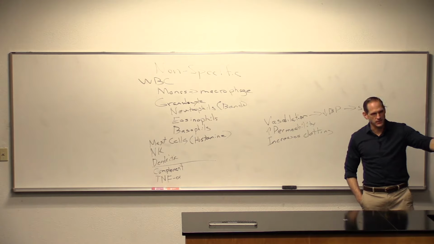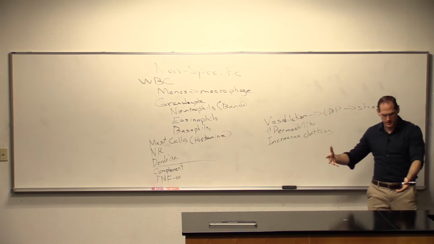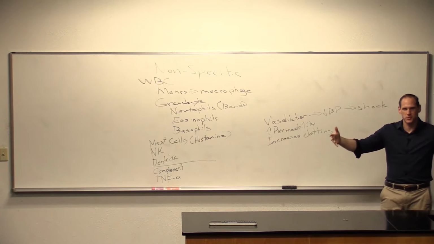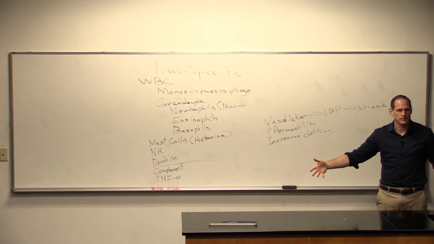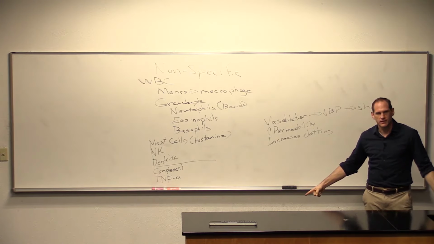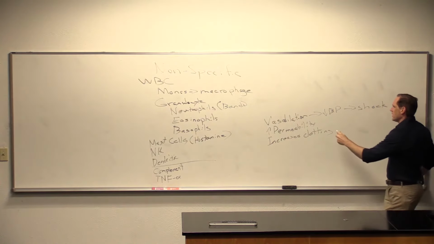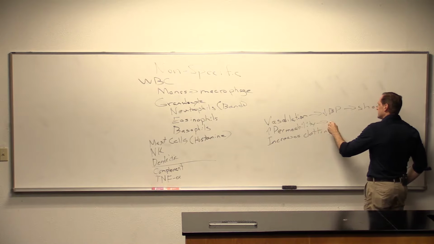It's not hydrostatic pressure. Is it? Osmotic pressure. So it decreases the osmotic pressure. And that allows what symptom to occur? Edema. Now, where is the edema occurring? Everywhere. So you actually have edema systemically.